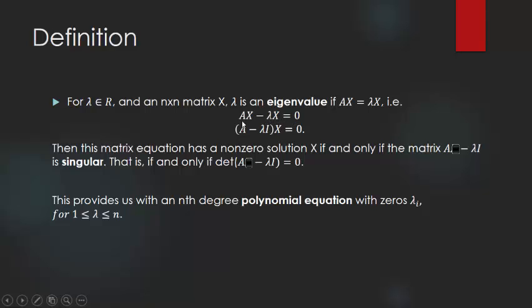I could, of course, rewrite that by factoring out x on the right-hand side, but I could not write A minus lambda. That doesn't make any sense because that's a matrix minus a scalar.